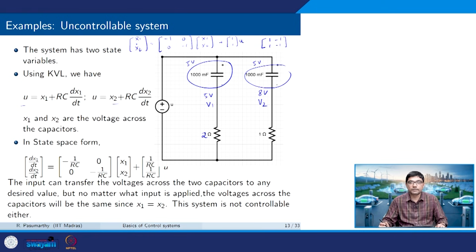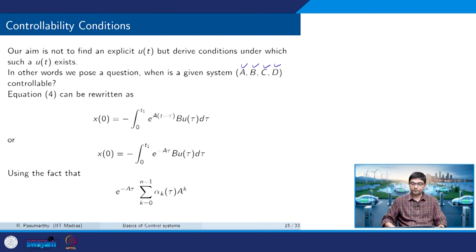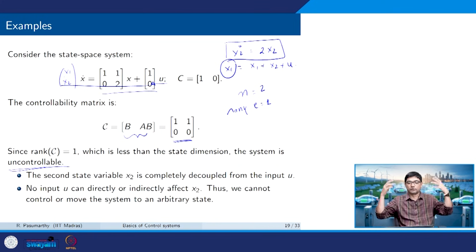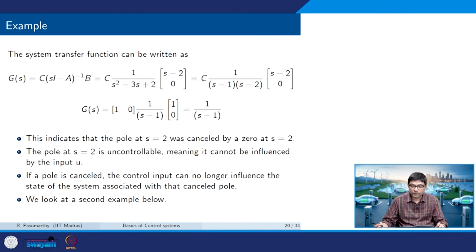The second column depends on the first column, the rank is 1, and therefore the system is not completely controllable. Here I can get x1 to move to any arbitrary state, but x2 I just do not have any control. Because x2 dot is twice x2, it has an unstable behavior, and it will just blow up with time.